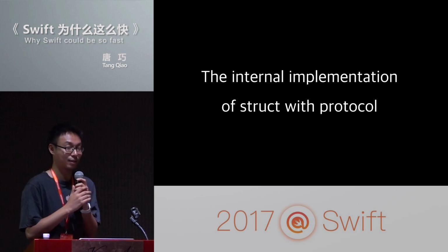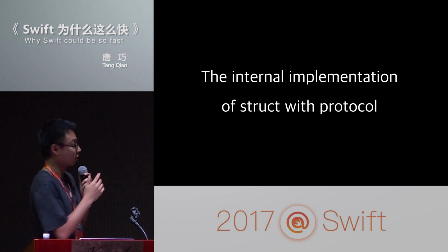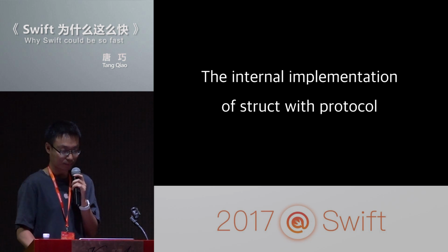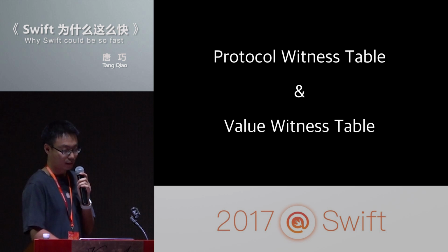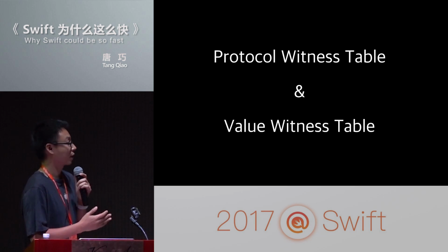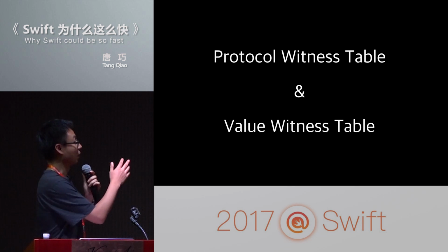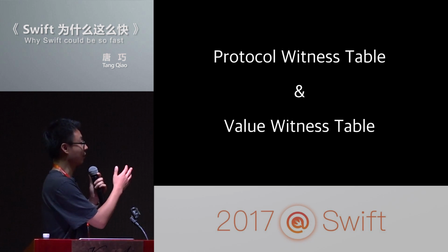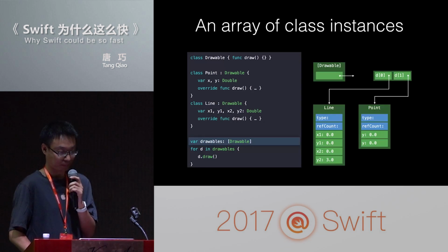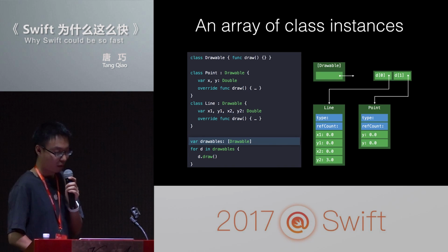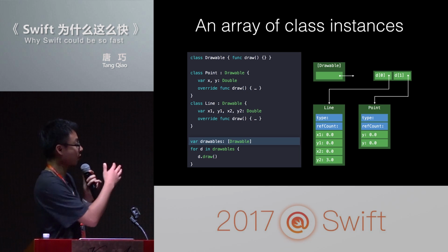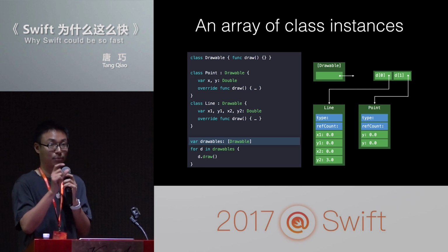Then I want to discuss the second topic, the internal implementation of struct with protocol. Actually, Swift uses 2 tables to support struct with protocol, the protocol witness table and the value witness table. Let's learn more about it. We know all the class instances are reference types, so the size of a reference will always be the same.